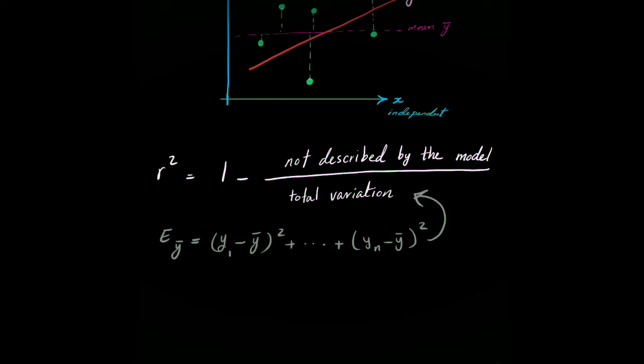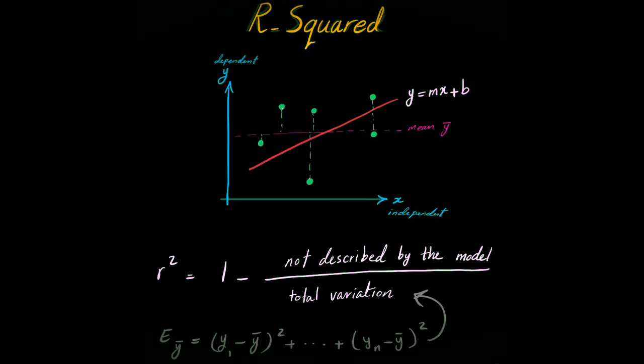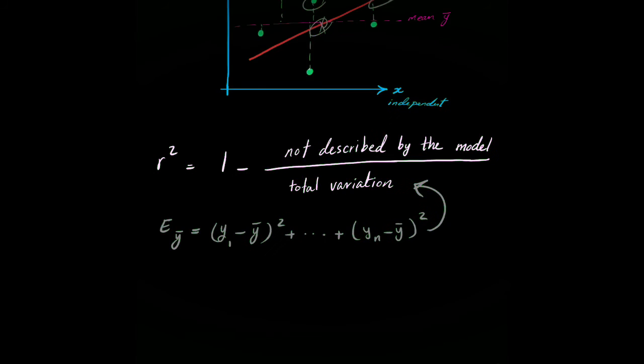Now let's say we want to find what is not described by the model, which would be the error that the model is giving us. So again, back to our line, we find the distances from each data point to the line, and we sum them up.